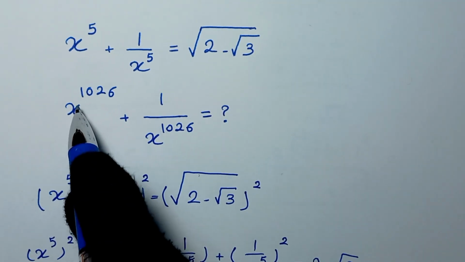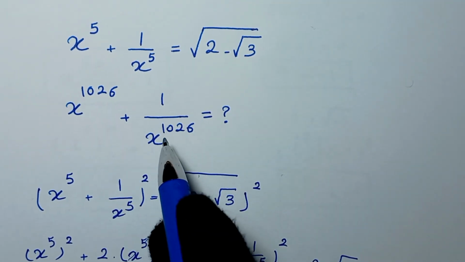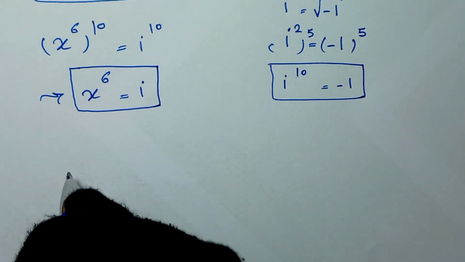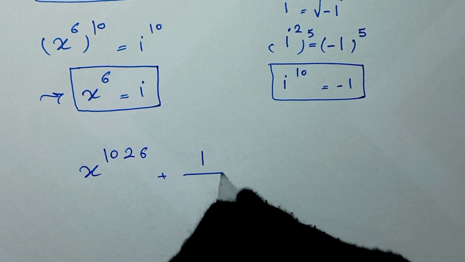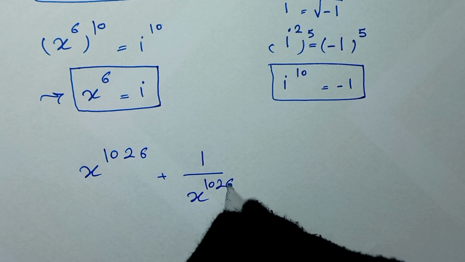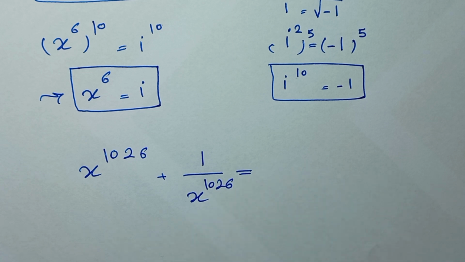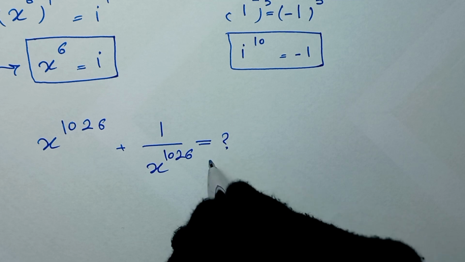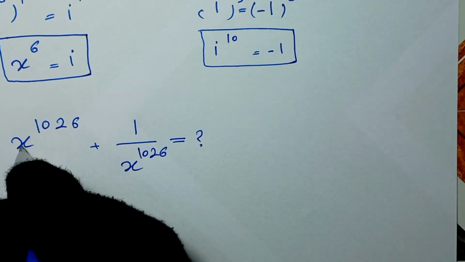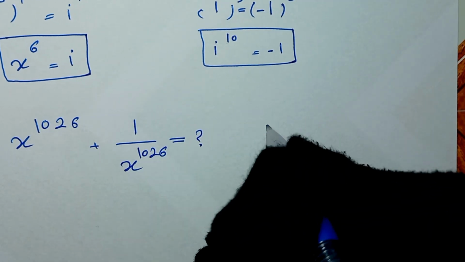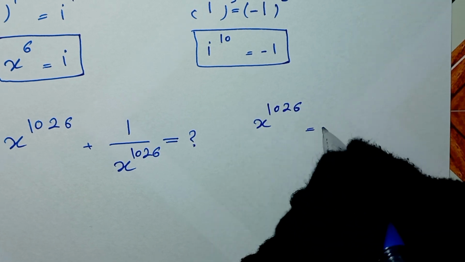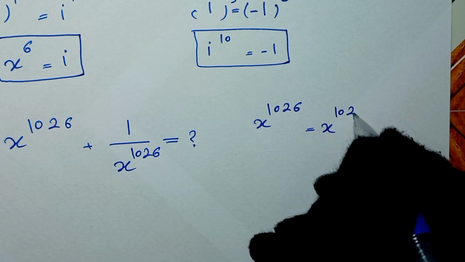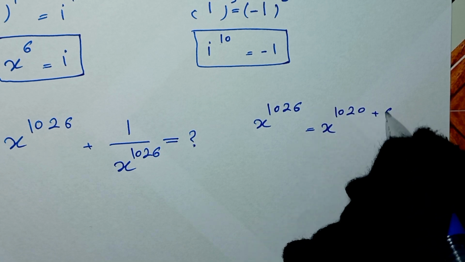And in the next step, we want to find the value of x to the power of 1026 plus 1 over x to the power of 1026. So we start with this x to the power of 1026. In here we can write this as x to the power of 1020 plus 6, right?